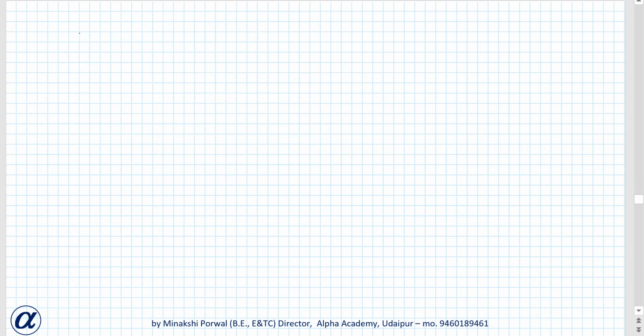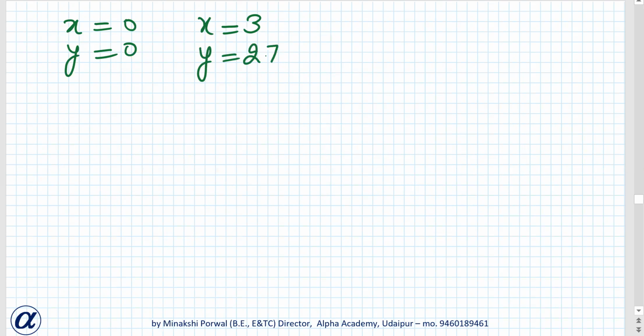So x is 0, that means y is also 0. X is 3, y equals x cube, so y will be equal to 27. So the points will be 0, 0 and 3, 27.